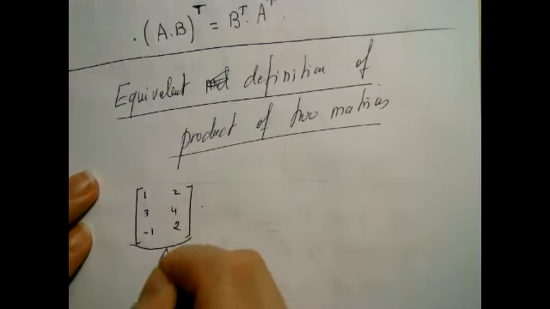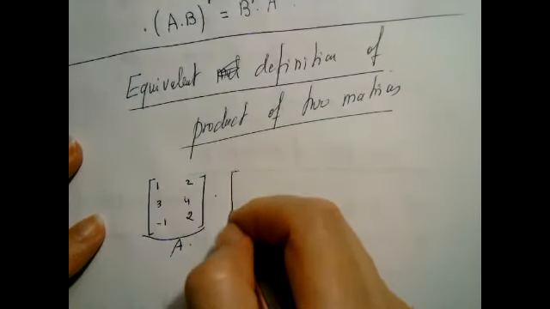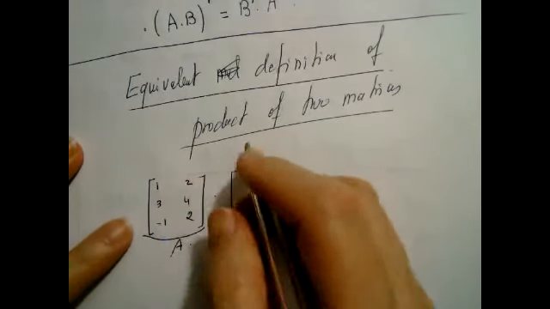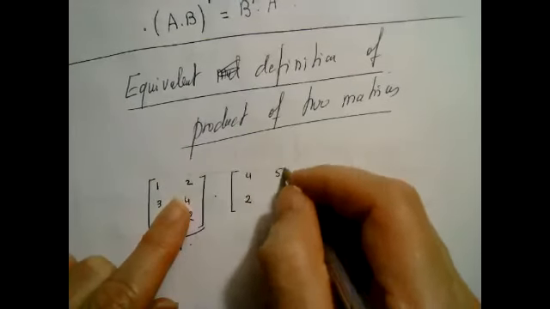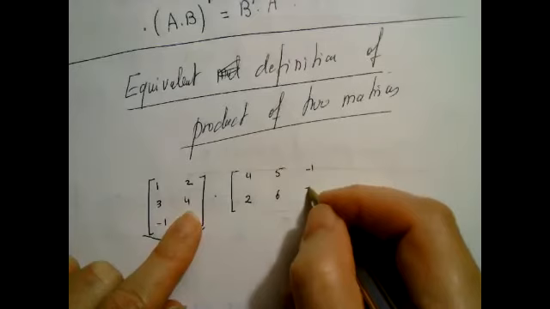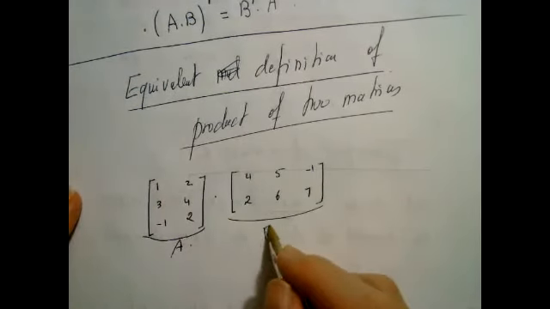That's my A. And I'm going to multiply it by B. So B has to have 2 here. I need, I don't know, 5, 6, minus 1, 7. It doesn't really matter as long as the rows of B coincide with the number of columns of A.